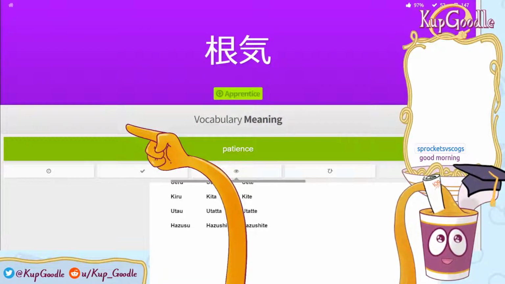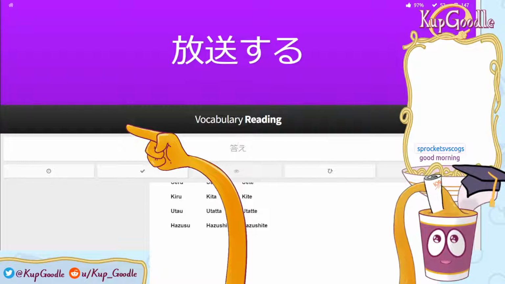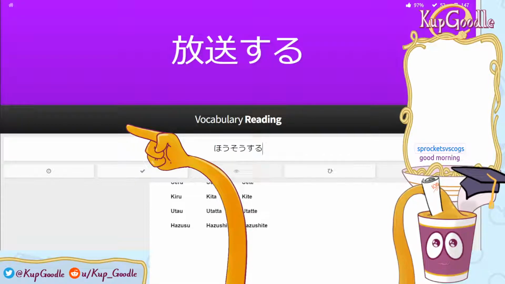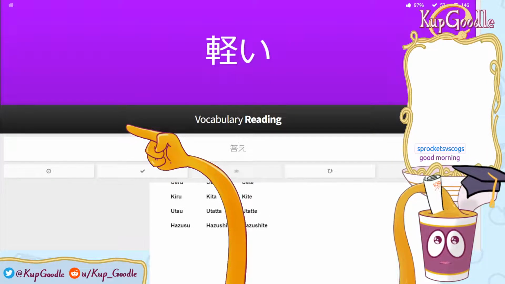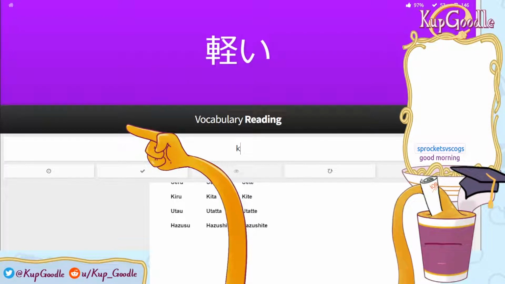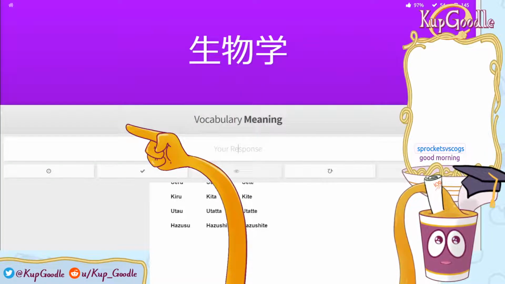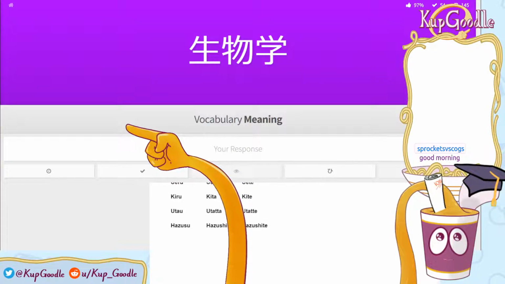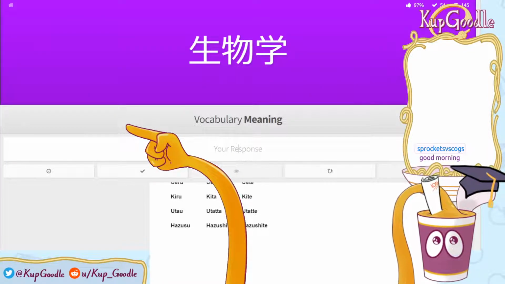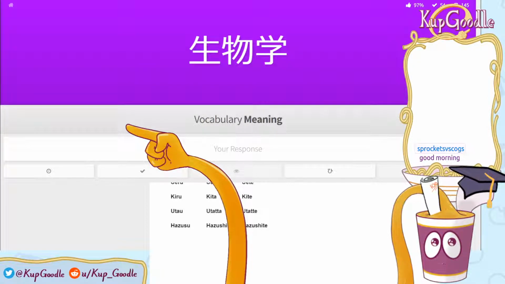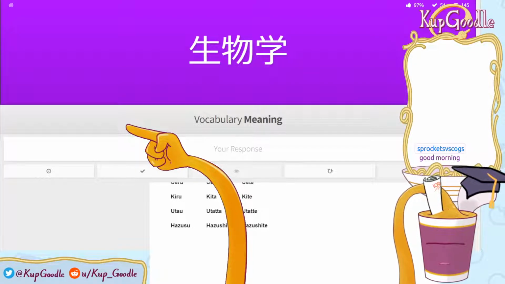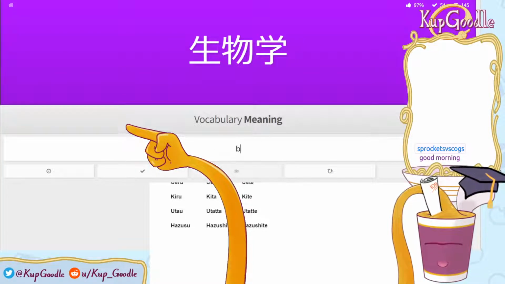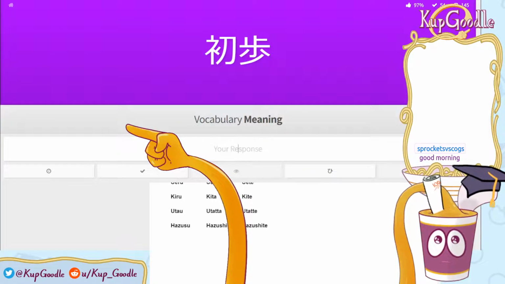To be patient, to have energy like the root, to be strong and stable and just rooted in the place. 放送する 軽い 生物学. That is living thing studying, and living thing study is biology. 処方.